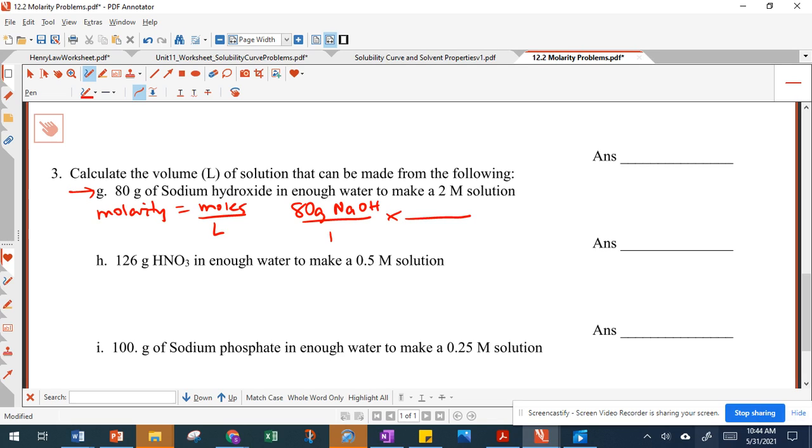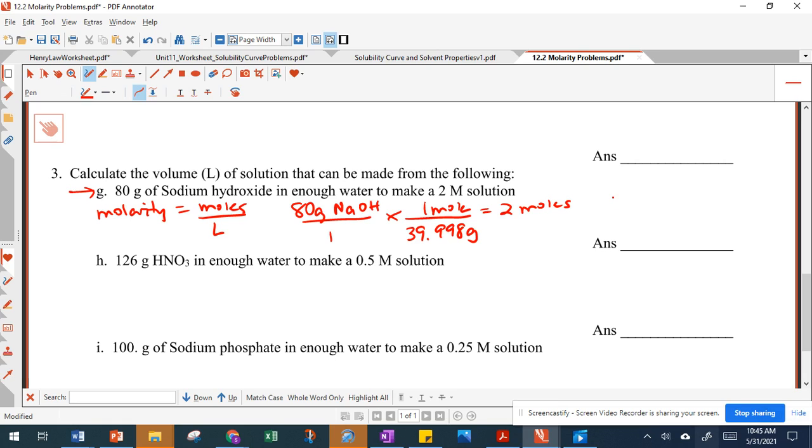Sodium has a molar mass of 22.99 plus 16 plus 1.008, and that gives us a molar mass of about 39.998 grams per mole. So if we do 80 divided by that, we get 2 moles.